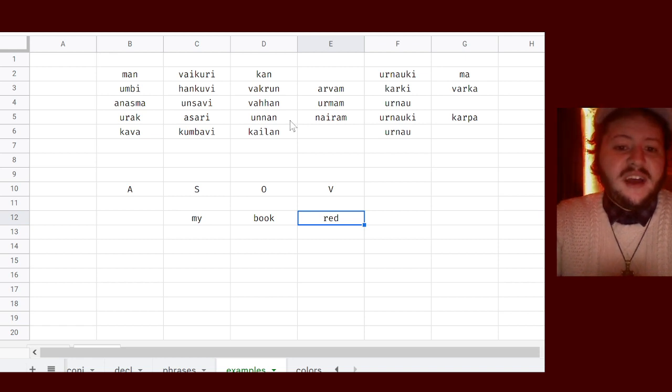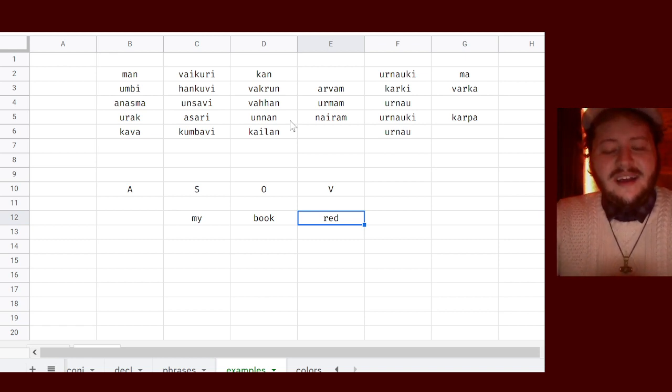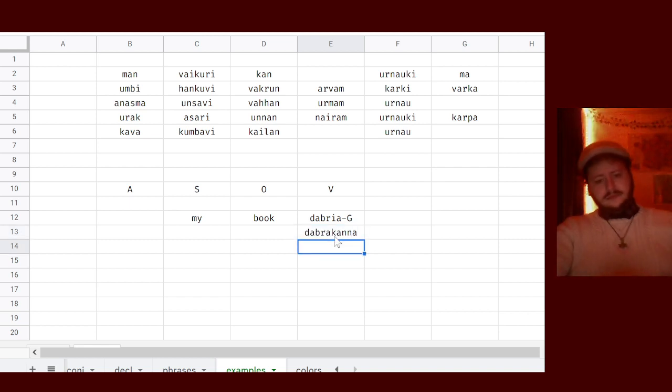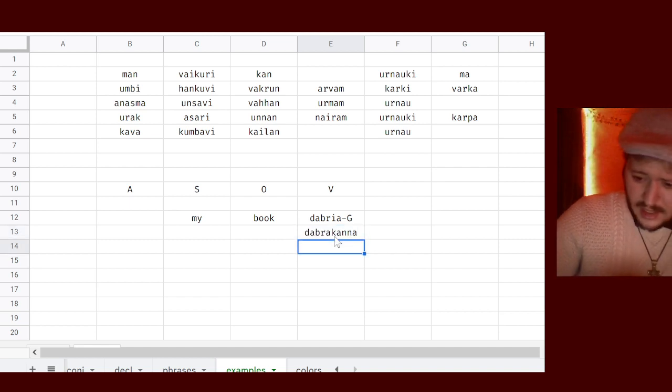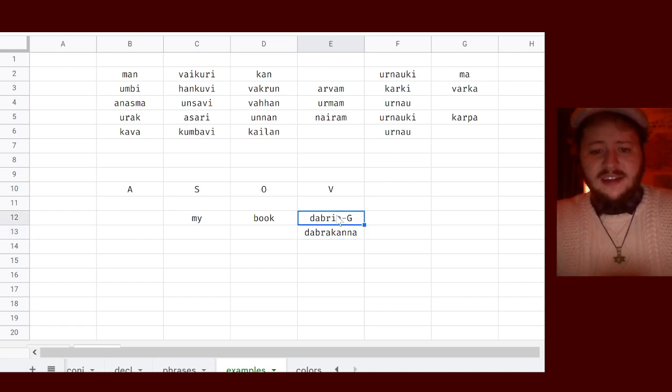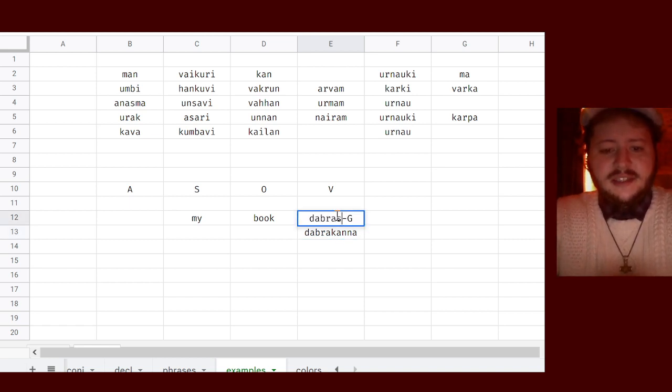From Dabria. That'd be Dabria in the genitive. And Dabria is Dabrakana. I think that's actually equivalent not to Dabria, but like Dabristan.